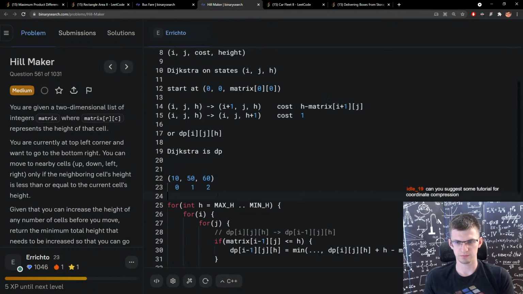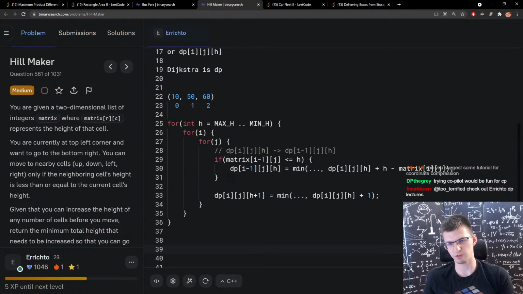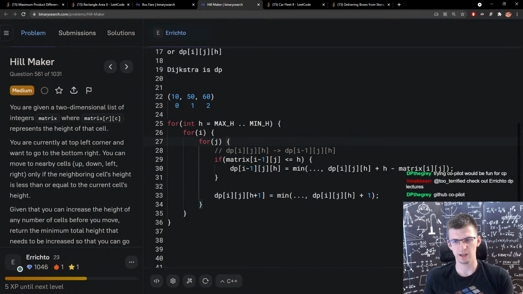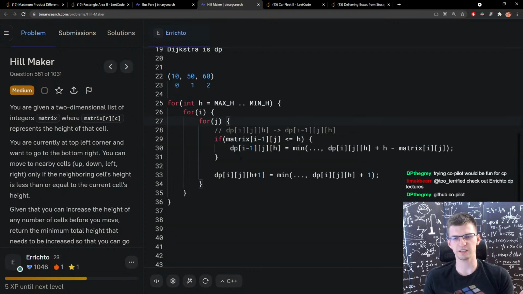Yeah. So forget about the DP. It doesn't work because if you iterate increasingly from 0 to something, then being at position i, you cannot modify i minus 1. The edges can only go forward.